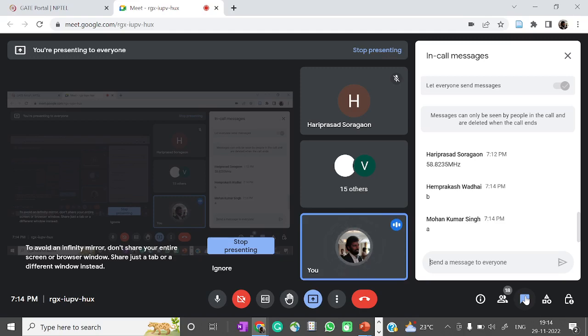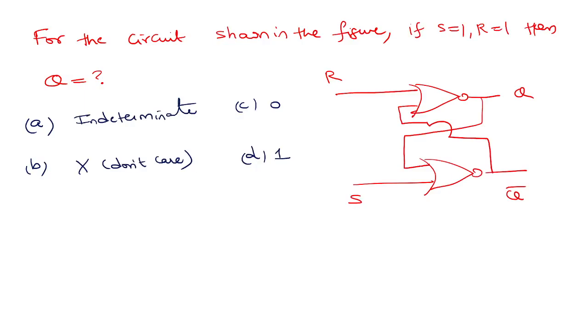Okay, somebody said B. Mohan said A. Hema Prakash said B. Okay, I'll just give one more minute. This is a 1 mark or 2 mark question actually. It's a GATE question.